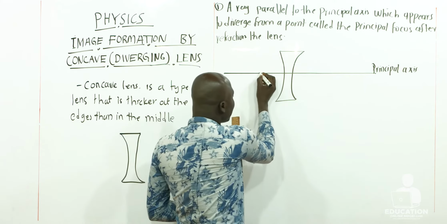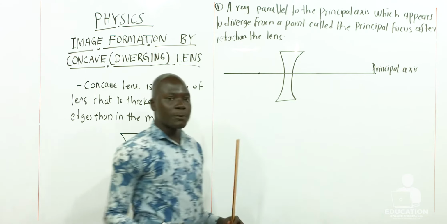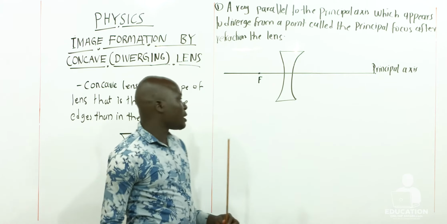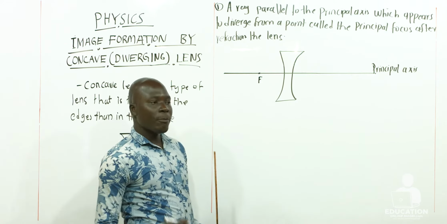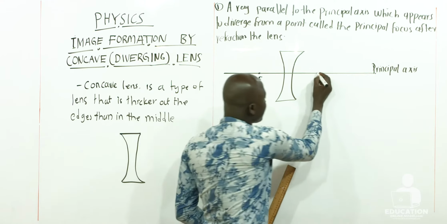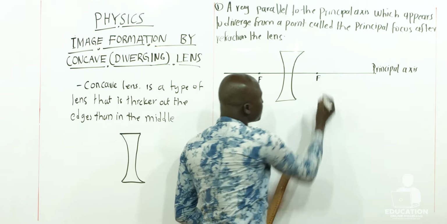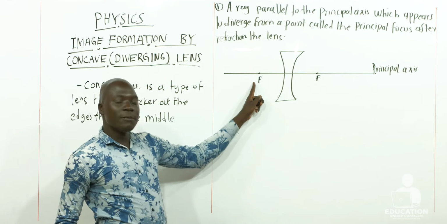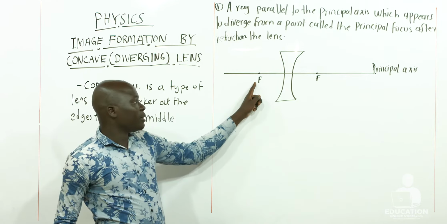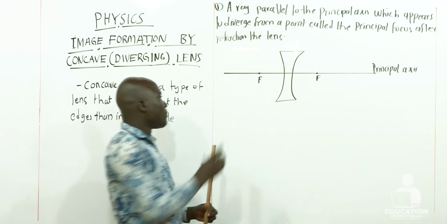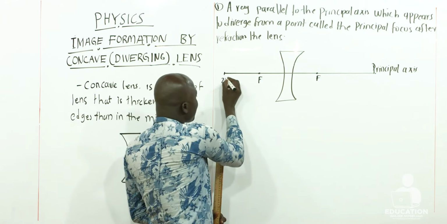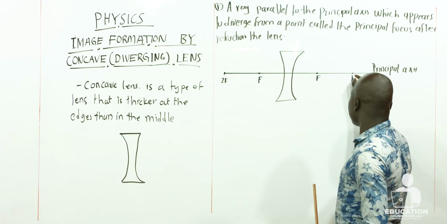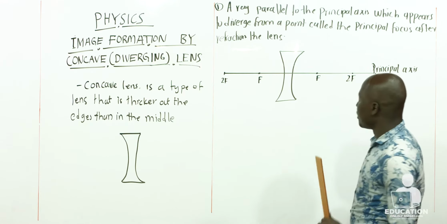The principal focus is on both sides of the lens. Twice the principal focus is equal to the radius of curvature of the lens, and we denote it with 2f, meaning it is twice the focal length.